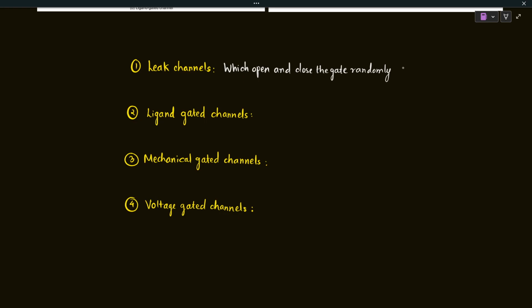So there are two types of leak channels: the sodium ion leak channels and potassium leak channels. The concentration of potassium leak channels on the membrane is much higher than the concentration of sodium ion leak channels, and that is why we say that the membrane of neurons is selectively permeable to potassium ions.